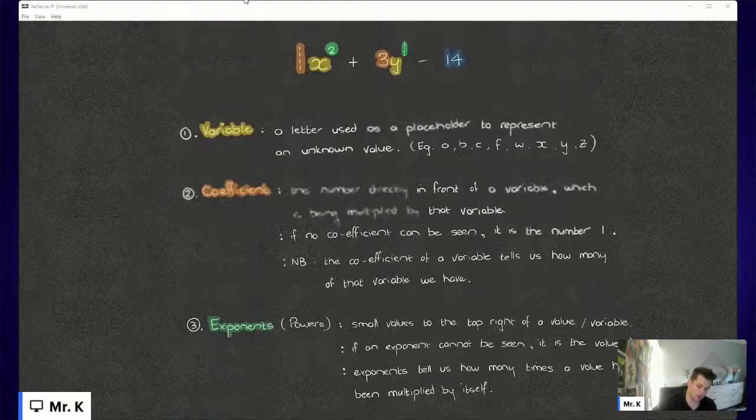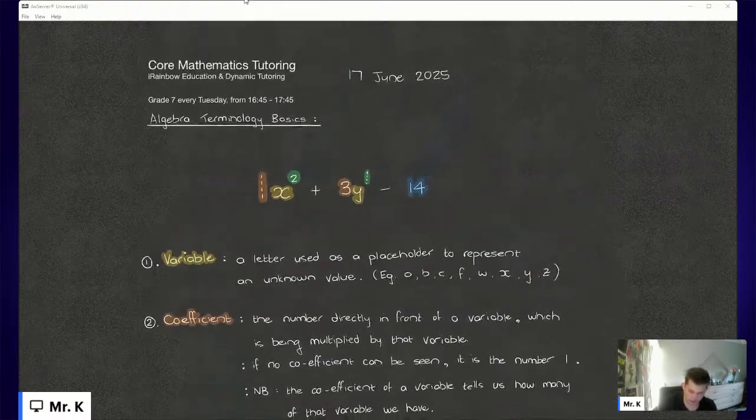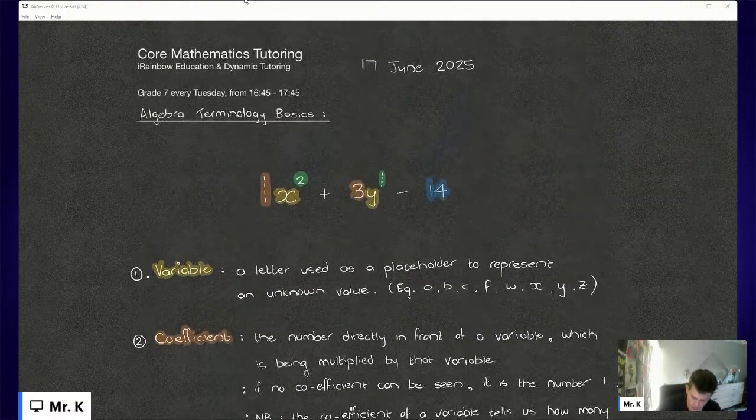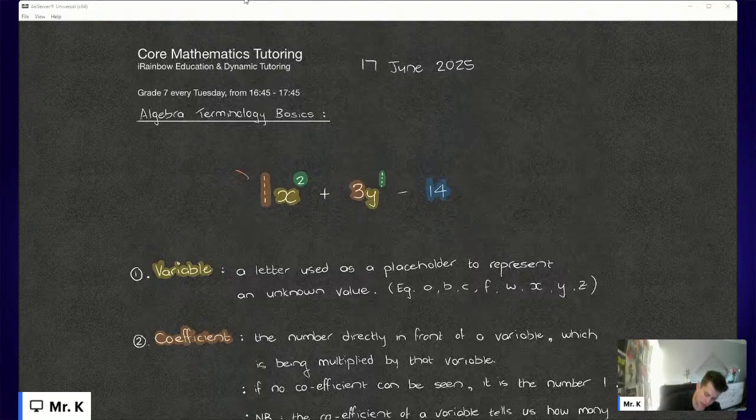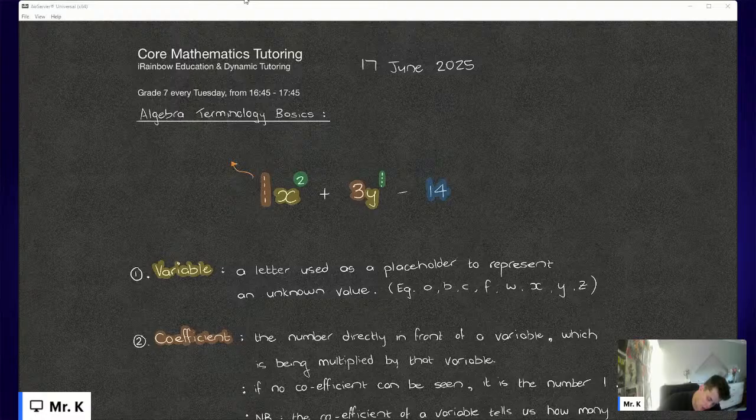Okay, so if I go back up to the top over here, guys, let's quickly go ahead and just label what we've done. We know that our orange, the numbers that we find in front of our variables, are what we call coefficients, right?